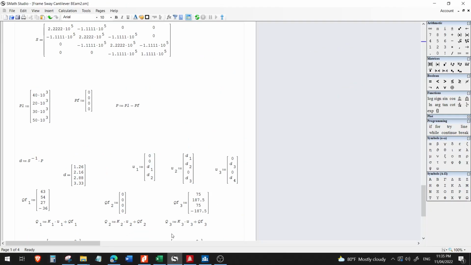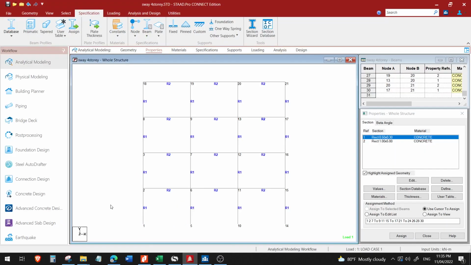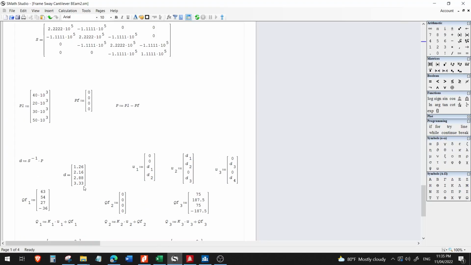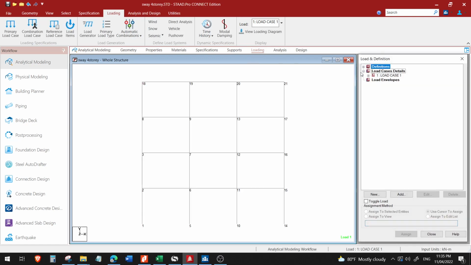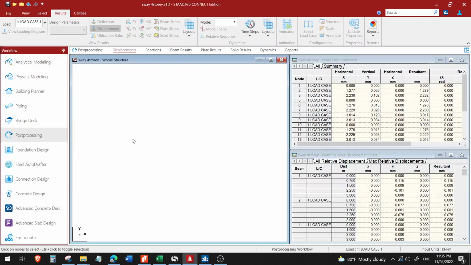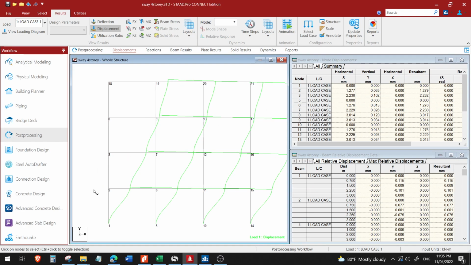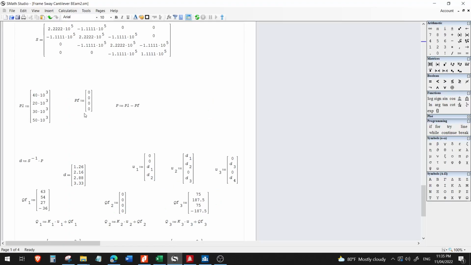Okay, and if you check on STAAD, so basically that's 3221, and loading. This is post-processing, and when you check the displacement here, it's 1.27 mm. Which is almost the same.